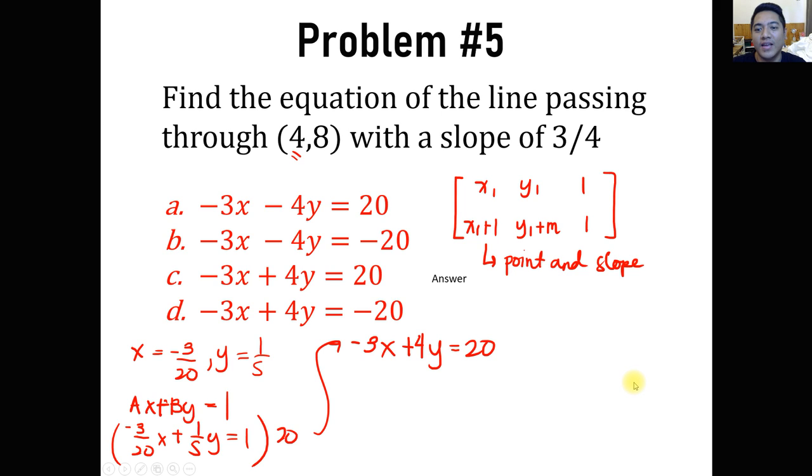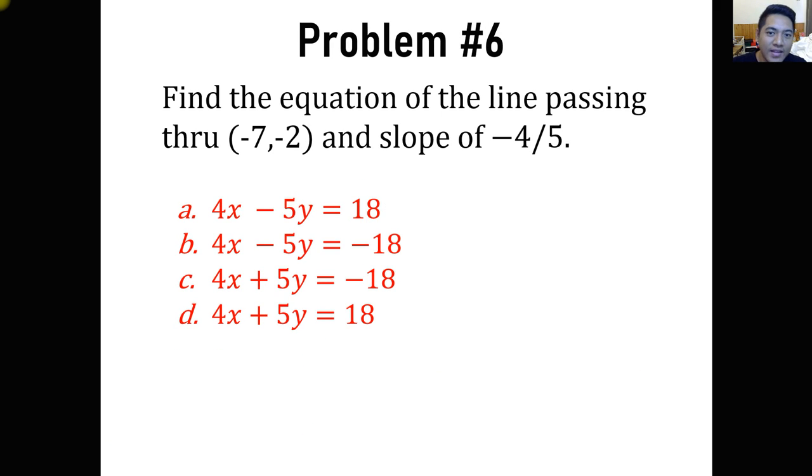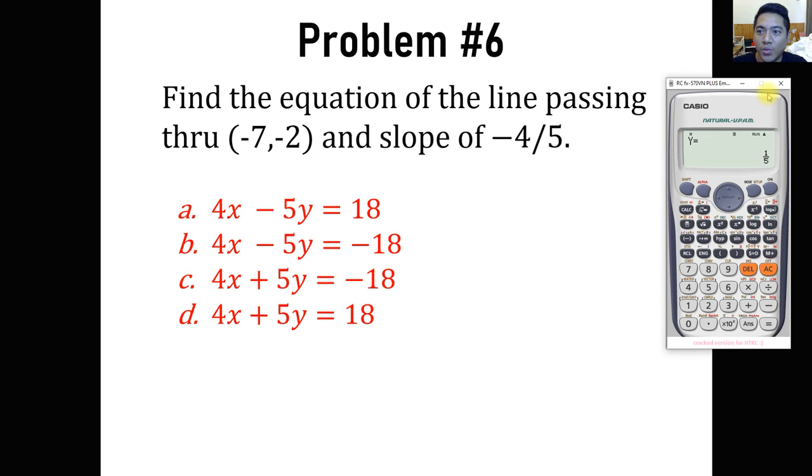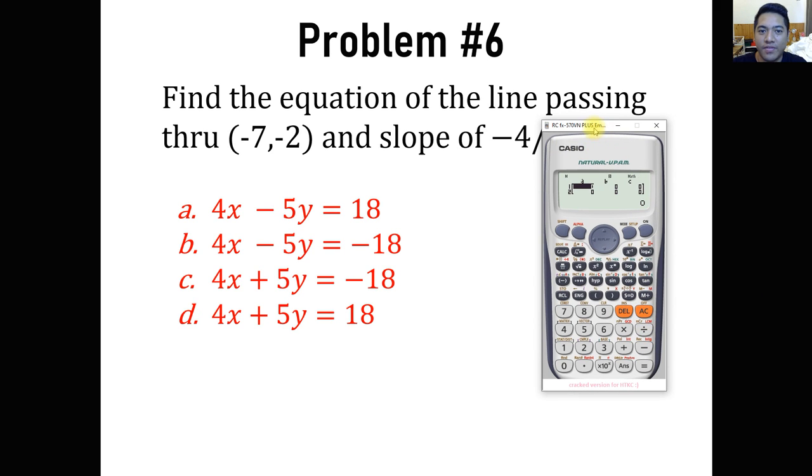Alright, so again, find the equation of the line passing through (-7, -2) and a slope of -4 all over 5, -4/5. The problem is still the same approach, so we are going to do the same thing.